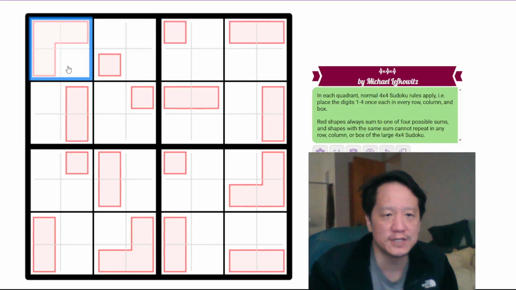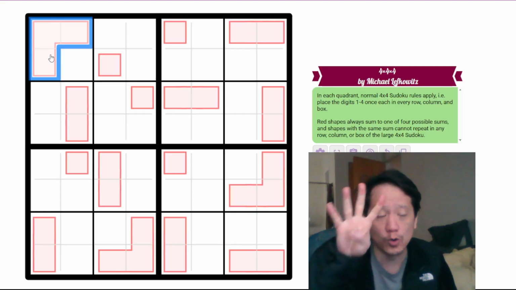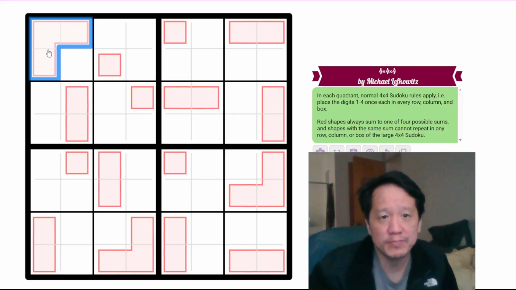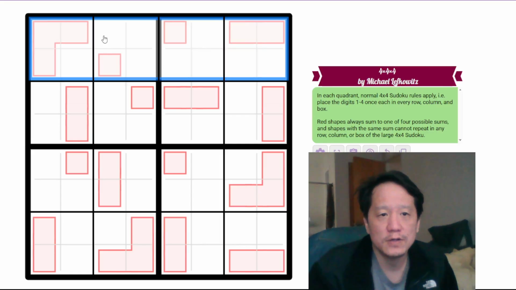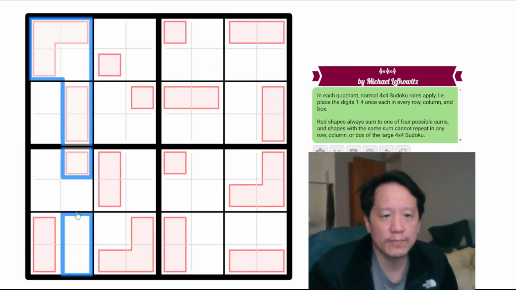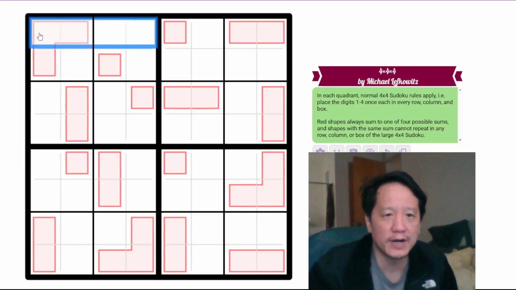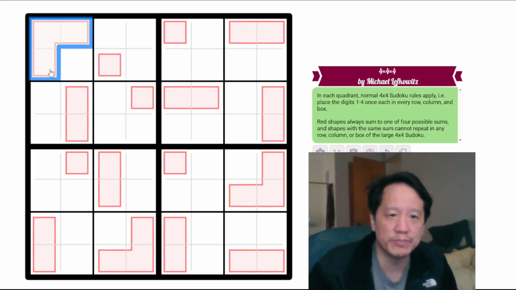So the sum of this red shape must sum to one of 4 sums, right? And those sums cannot repeat in any row, column, or box. So that means the sum of this shape has to be different than the sum of this, the sum of that, and the sum of these.